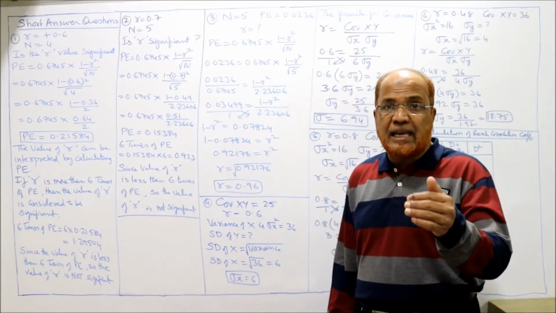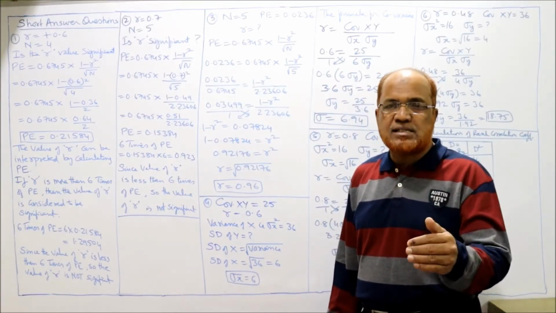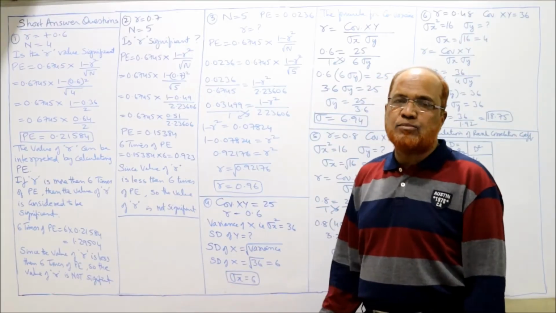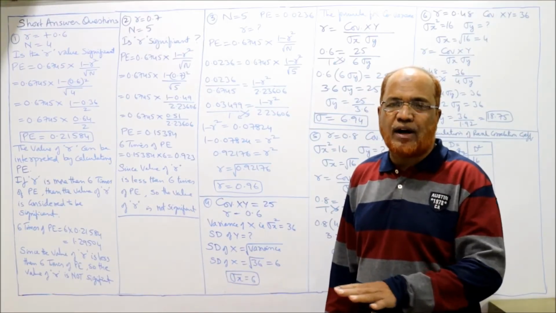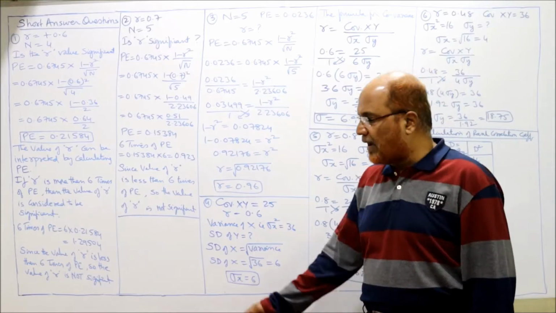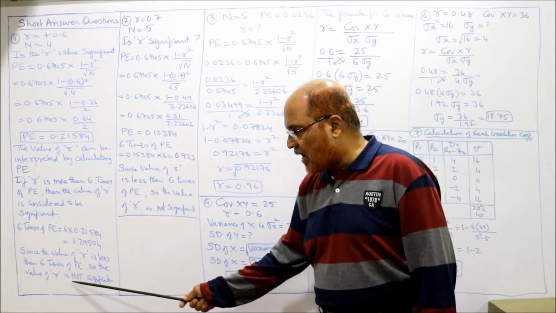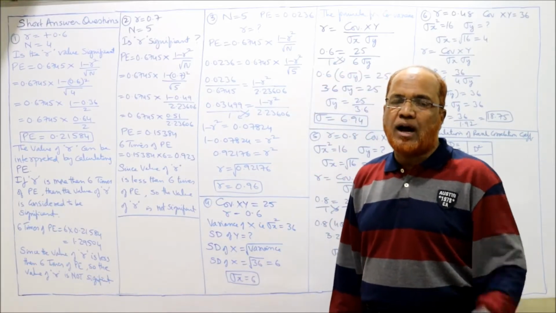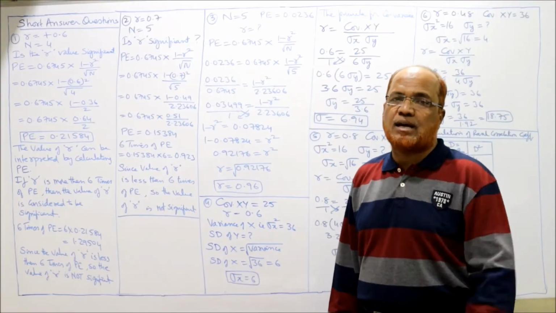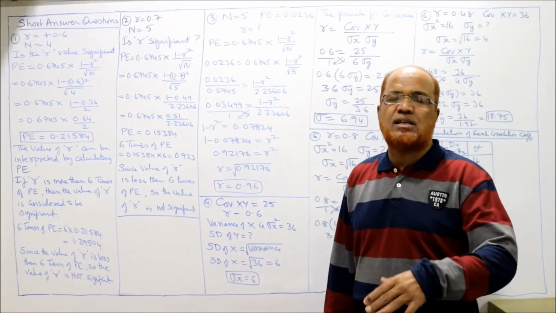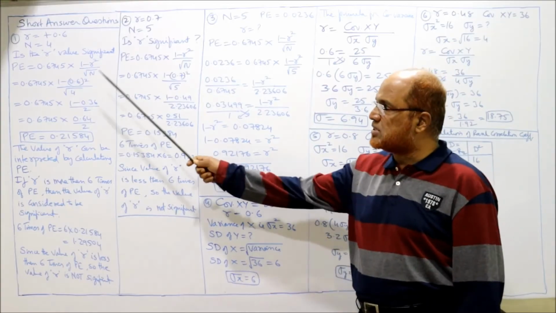The value of R is less than 6 times of PE. So we can say the value of R is not significant. If the value of R were bigger than 6 times of PE, then we can say the value of R is significant. This is the problem.